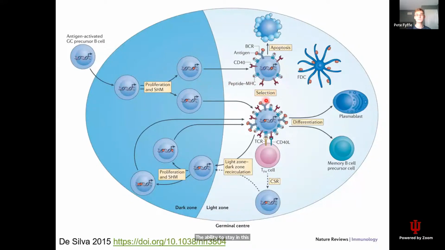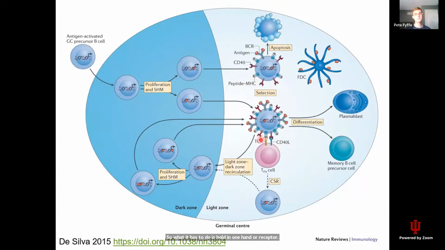And then our B cells are going to lose the ability to stay in this area and start migrating over to the light zone. Now, in the light zone, the B cell's goal is ultimately to talk to a T cell. A T cell is the red guy here. So what it has to do is hold in one hand a receptor, the antigen, and in the other hand, it has to have the antibody.